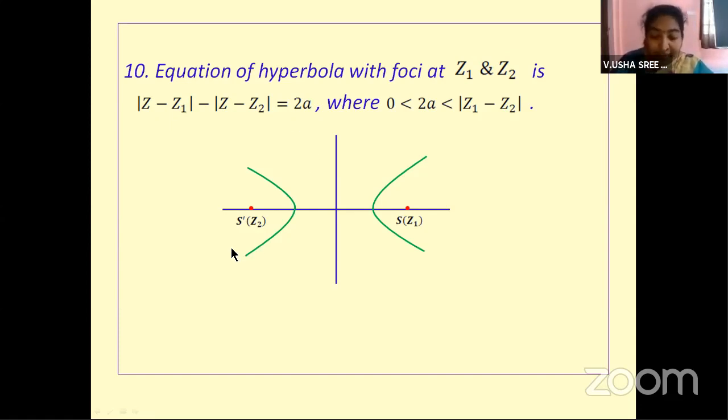And for further information, children, you can also revisit this slide or this session after you complete the ellipse and hyperbola concepts. Now here, just to represent that, we are taking a general point on the hyperbola as P. If we calculate SP and S dash P and subtract one from the other, you're going to get the answer as 2a.